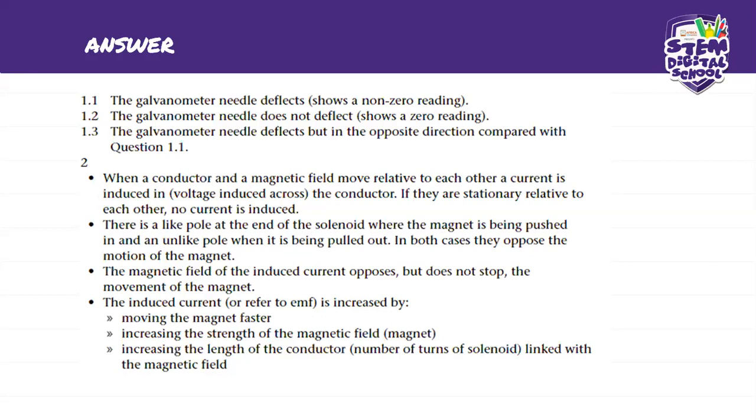Third, increasing the length of the conductor, which basically means the number of turns on the solenoid. If you increase the number of turns of the solenoid linked with the magnetic field, then they will increase the induced current in the circuit. Okay, are we together? So this is basically a short summary of what we are talking about.